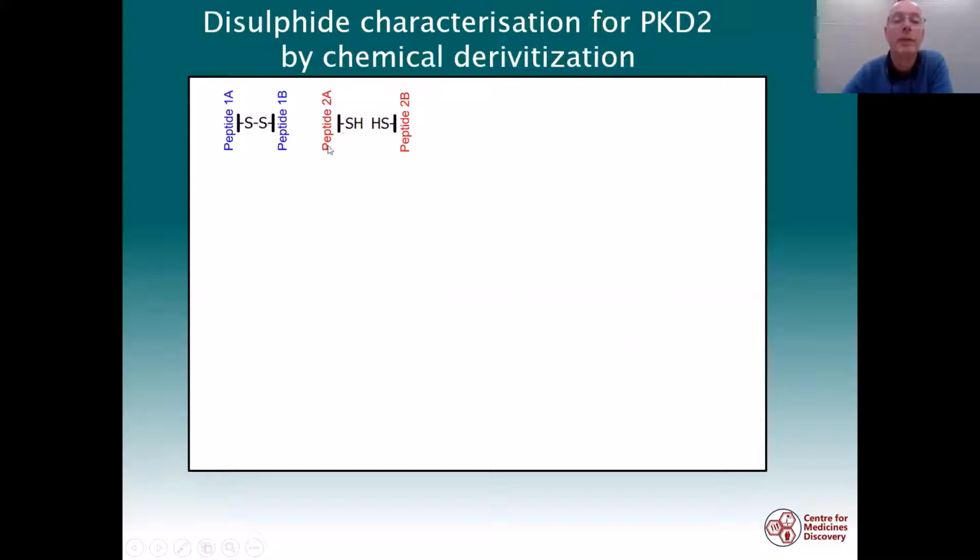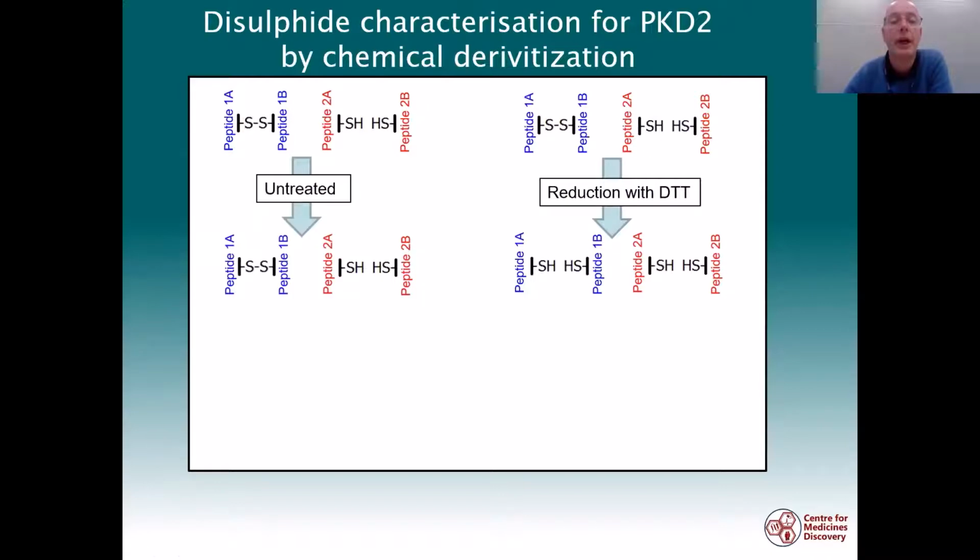If you take the example of peptide 2A and 2B, they are in close proximity, but that bond is reduced. So what we need to do is duplicate that. So we have these two separate samples, and one sample we subject to reduction and alkylation, and the other sample here is untreated.